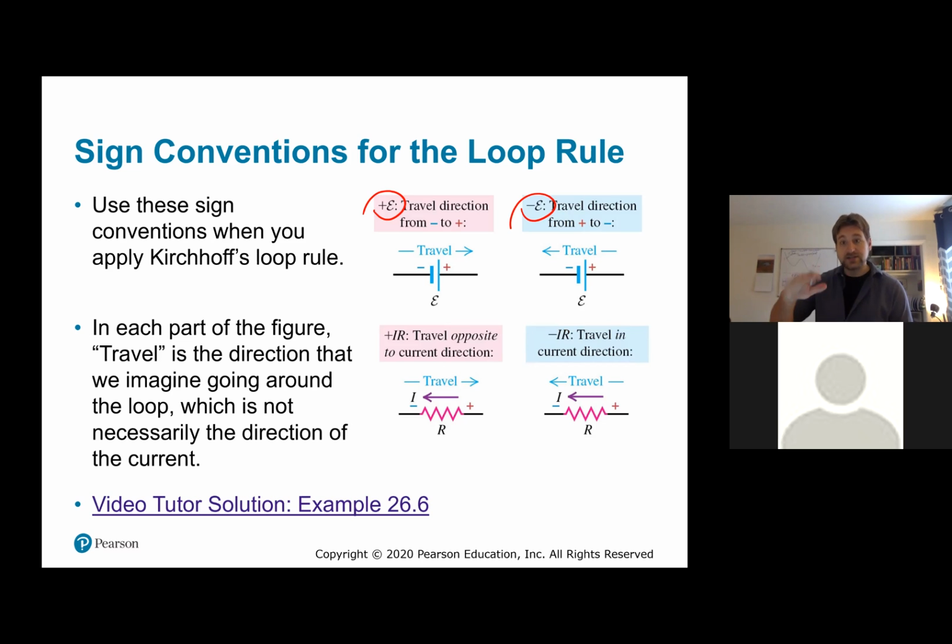Work done transfers energy out of the system. Our electric potential, energy per unit charge, must have decreased. If we go the other way, though, it's positive.